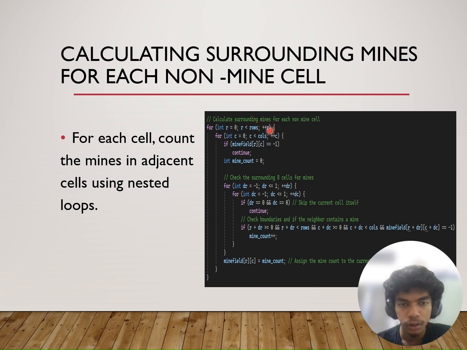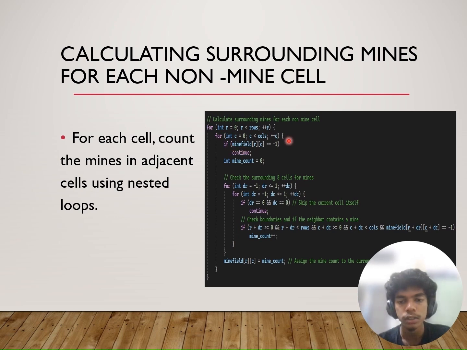So this is a for loop where we initialize a variable r with the value 0, and then it will increase till it is, let's say, rows - 1, and then plus plus r, or r plus plus, whatever it is. And similarly for columns.